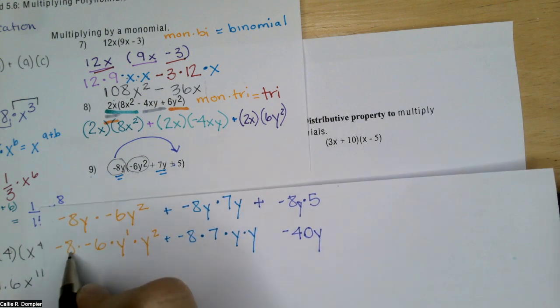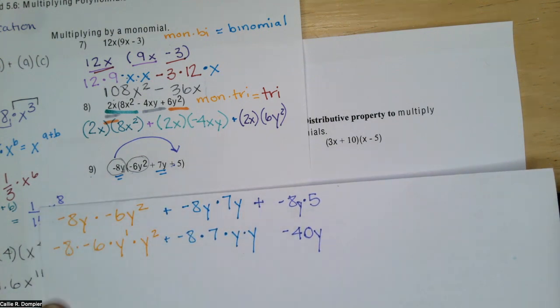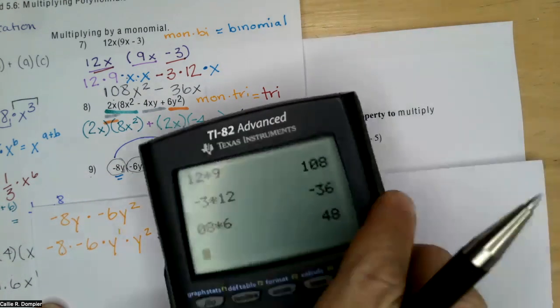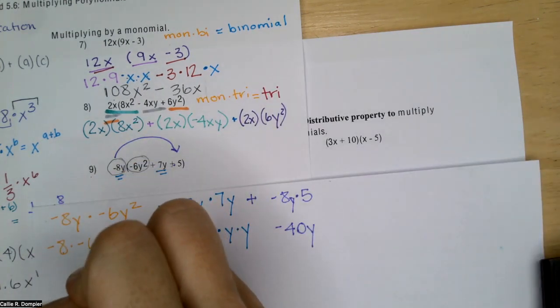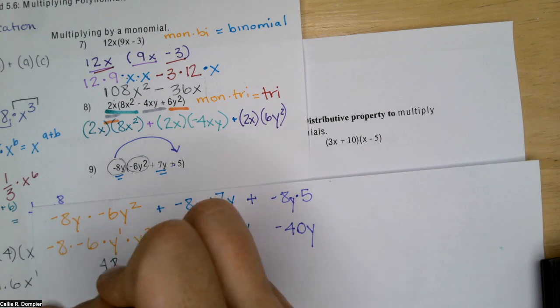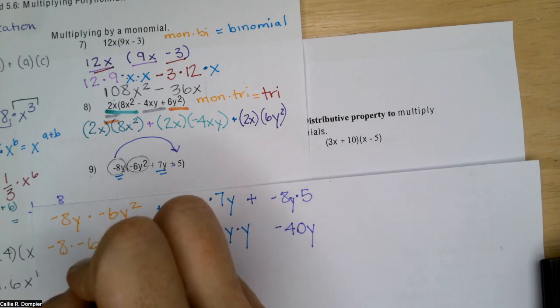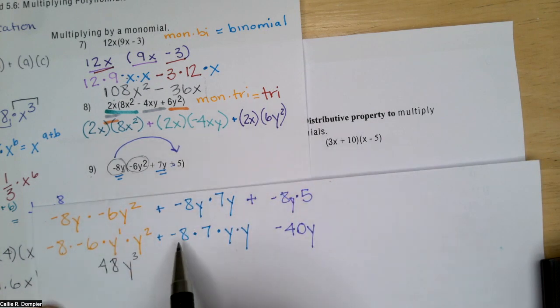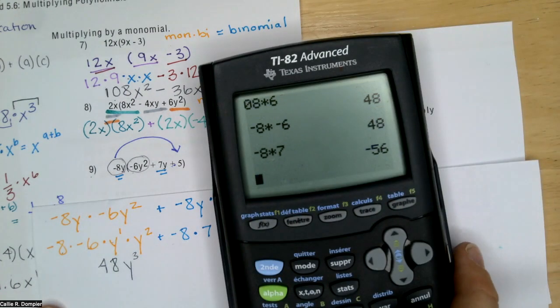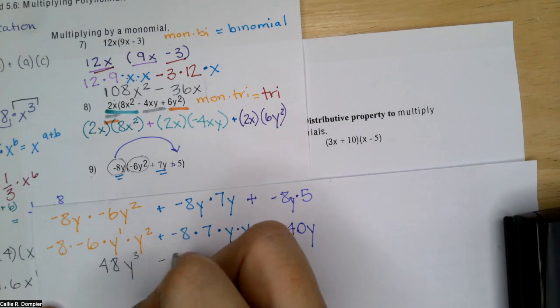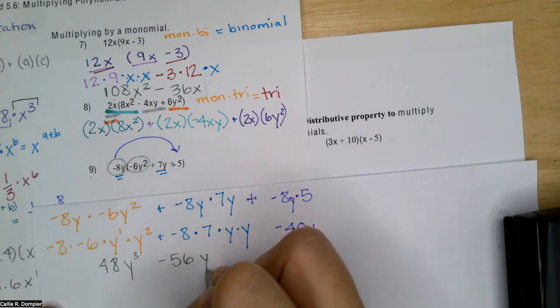All right. Negative 8 times negative 6. Negative times a negative is a positive, right? Negative 8 times negative 6 should be 48. Y times y squared is y to the third. Negative 8 times a positive 7, negative 56y.